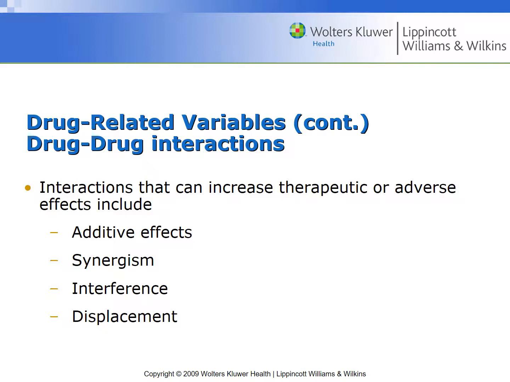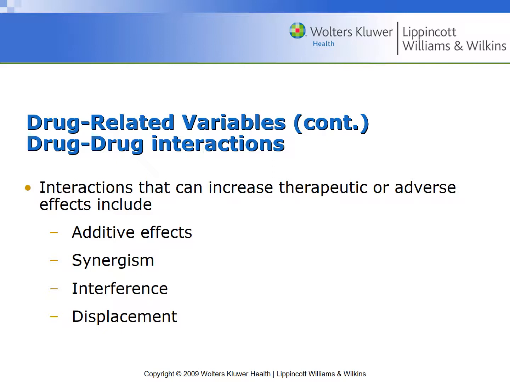And then displacement, that's a drug with a strong attraction to protein binding sites that may displace a less tightly bound drug to the protein. Okay, so we can have drugs that can cause that displacement.